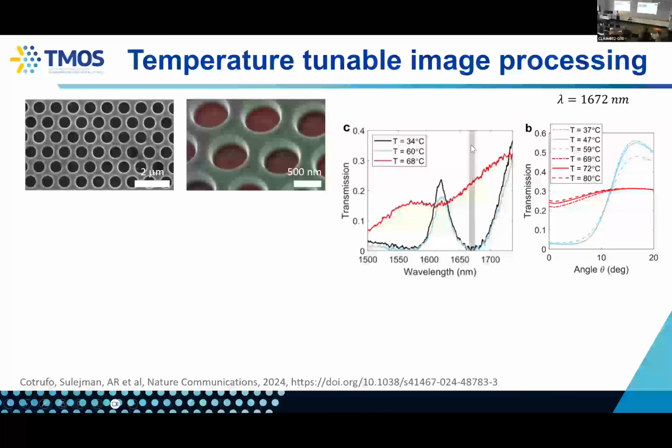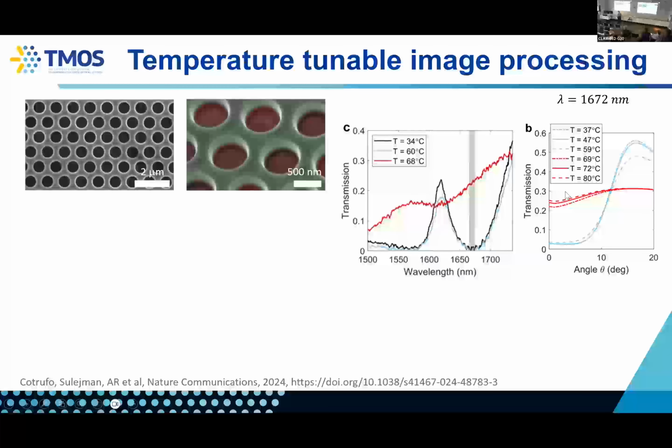If we now pick this wavelength here, which is about 1670 nanometers, and look at the transmission as a function of angle of incidence, again, you can see at the lower temperatures that we have suppressed transmission near normal incidence, and the transmission increases for larger values of the angle of incidence.